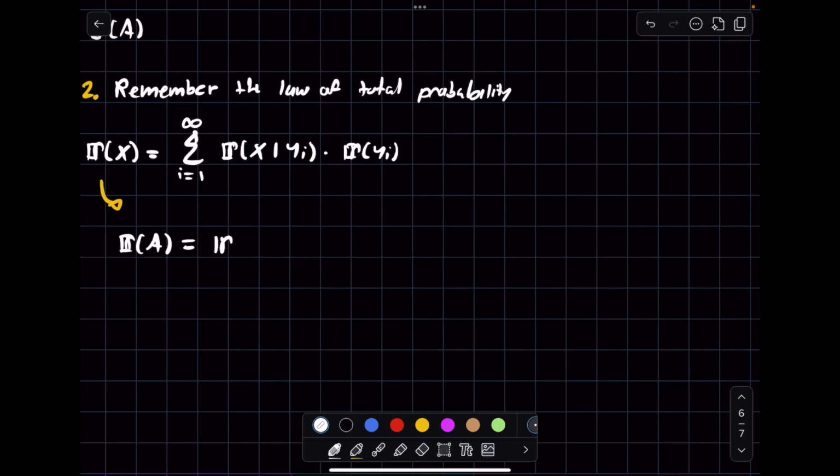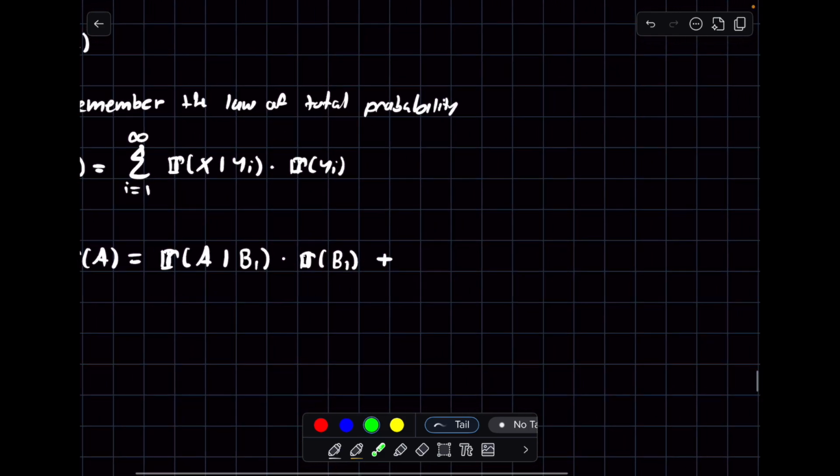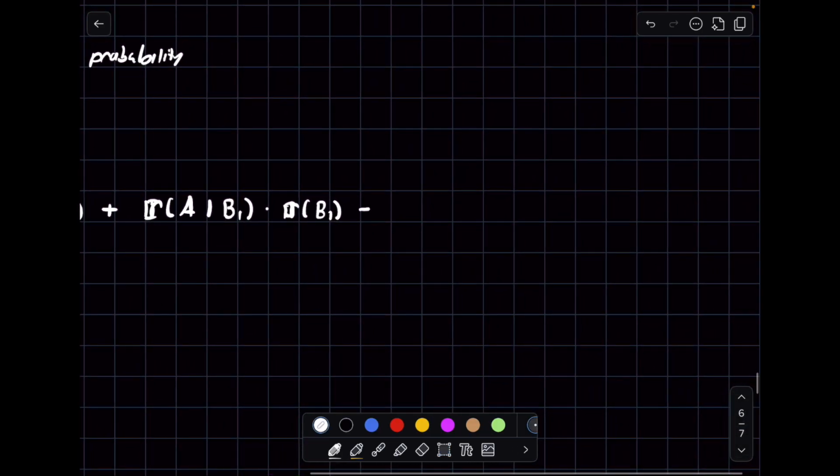So we write P(A), and we denote B as bag: P(A given bag 1) times the probability of bag 1. Then plus. Remember, the plus is an OR condition. We could choose bag 1 or bag 2 or bag 3, so plus makes sense in this case. We do the same for the other two cases, so we sum them up.